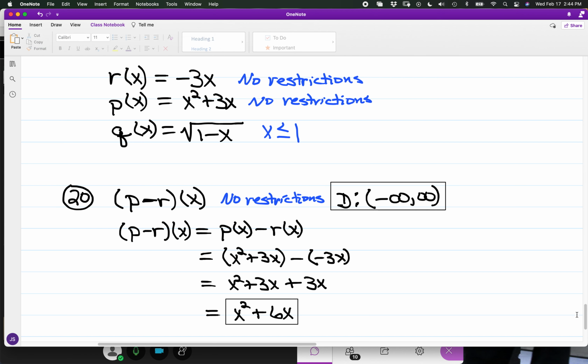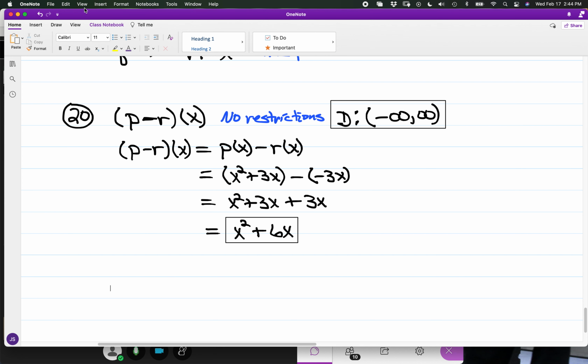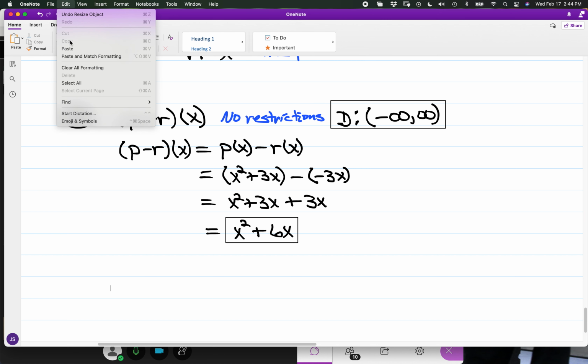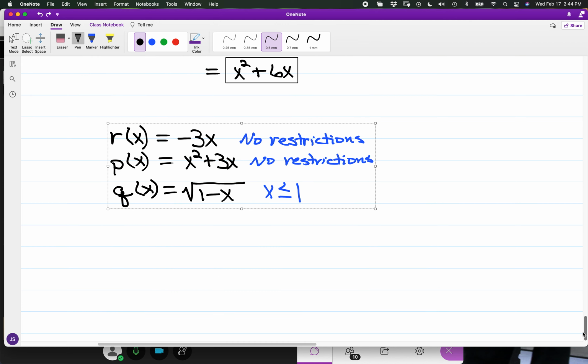Now, for what we have in the case of number 22, this is where we can look at combining restrictions. In number 22, this time we're looking at R times Q of x.